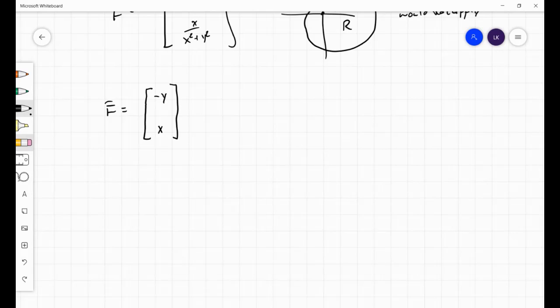So here's a vector field. And what we're going to be trying to do is find a work integral over some triangle from the origin to the point A0, and then up to the point AB, and then back down to the origin.